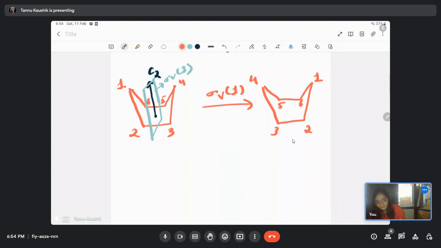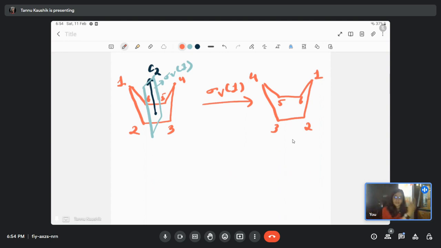Okay, so this was the first vertical plane, and the other plane is bisecting carbon 1 and carbon 4 atoms and the bond between the second and sixth carbon and the third and fifth carbon atoms. Not the bond, but the plane is this plane. This sigma v2 is like this.